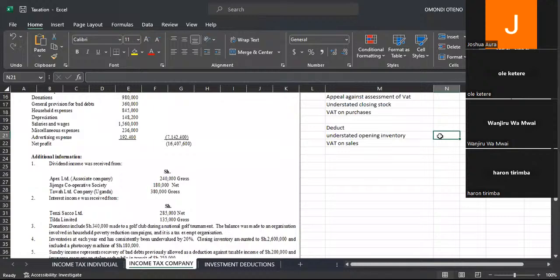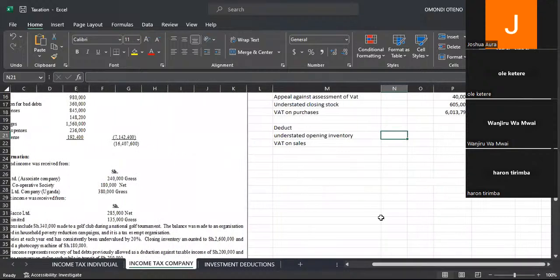is 80%. So if 80% is equivalent to 1,400,000, what are we going to have as the understated value? The missing 20%.